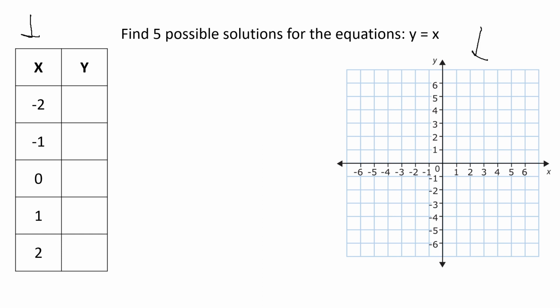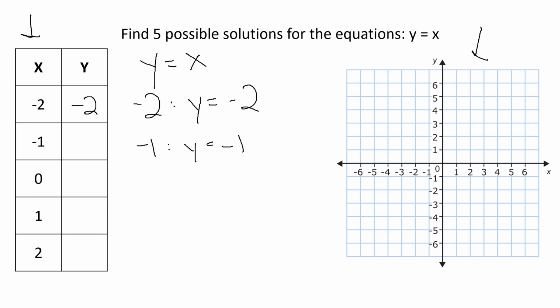Now, y equals x is our equation. And this one's real easy because if I plug in negative 2, I get y equals negative 2. If I plug in negative 1, I get y equals negative 1. y equals 0, y equals 1, y equals, oops, I don't know why I put a negative there, y equals 2.